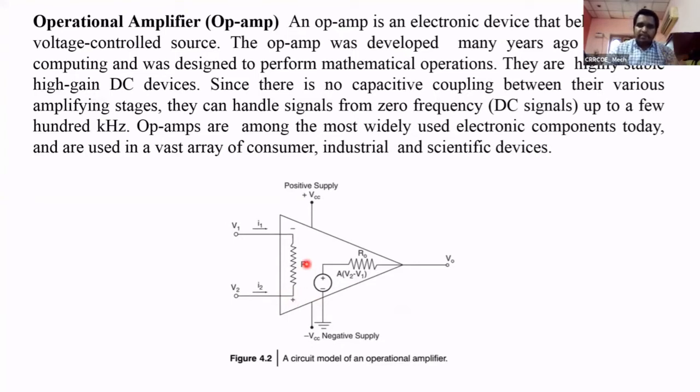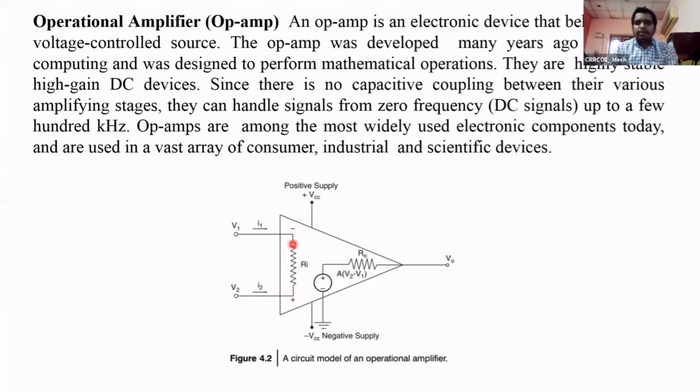Here Ri is the input resistance. Any operational amplifier has two inputs V1 and V2. Here V1 is connected to negative, V2 is connected to positive. Sometimes we call the voltage connected to negative V minus, and the one connected to positive V plus.